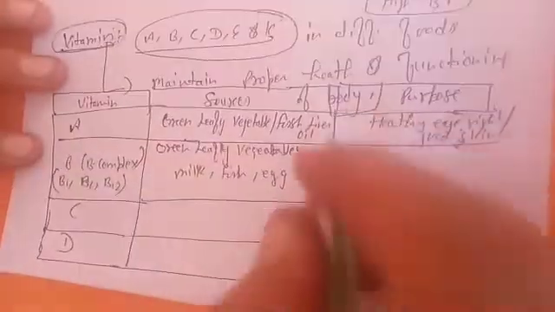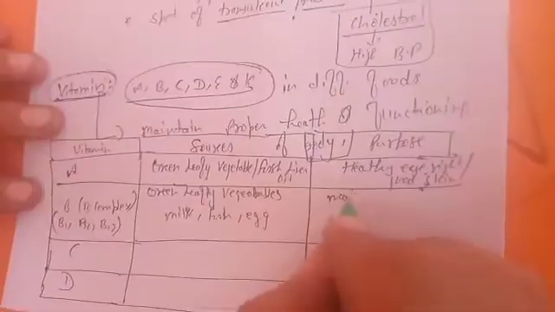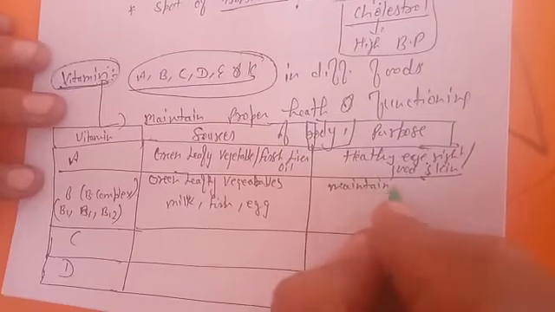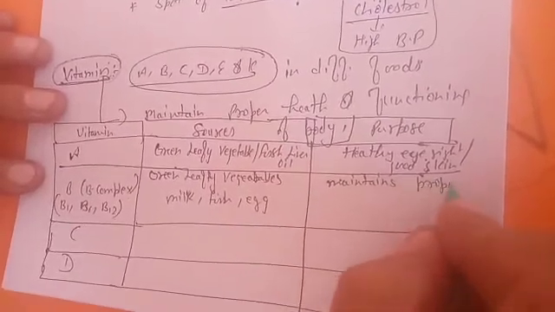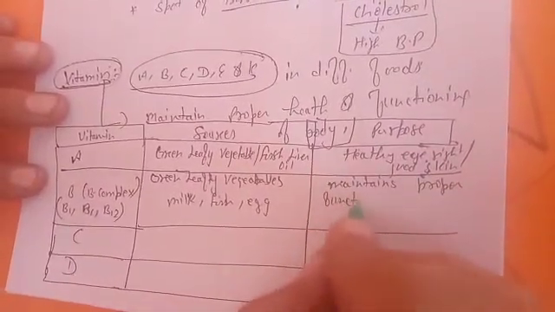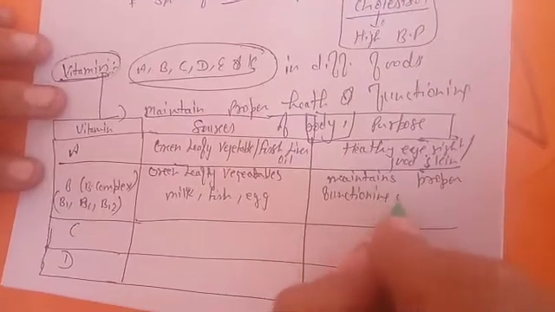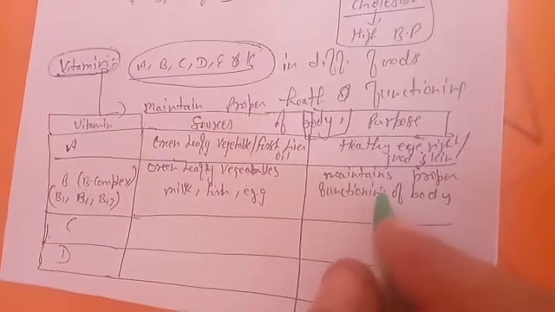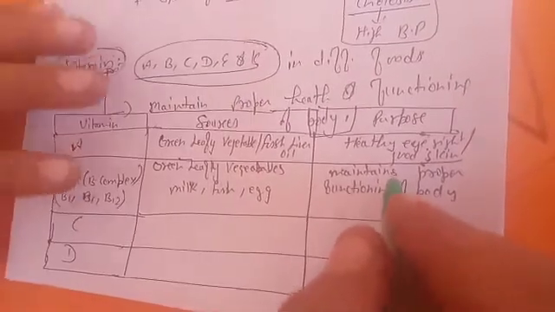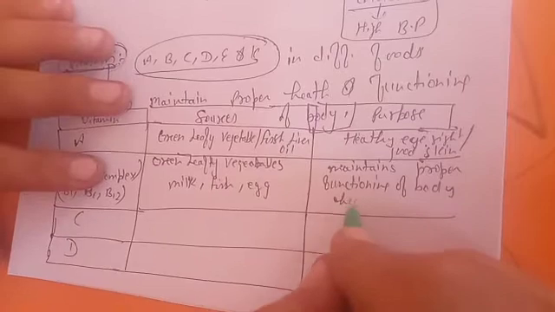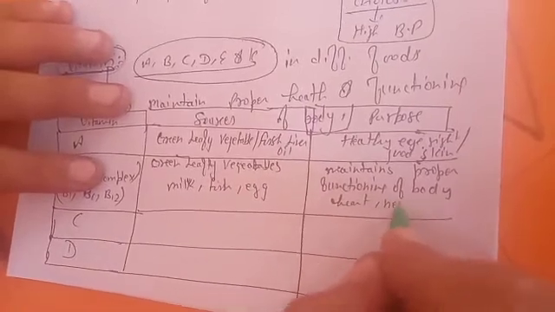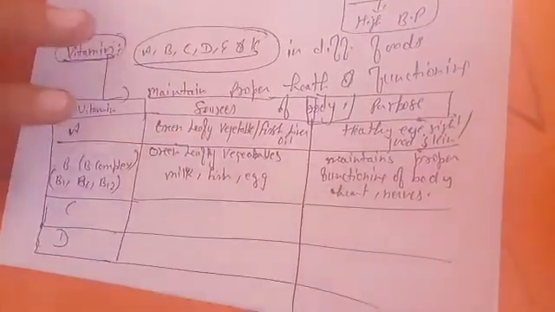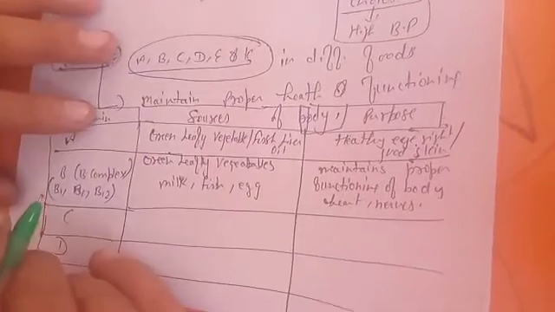It maintains proper functioning of the body, essential particularly for the heart and nerves. These parts are maintained properly by the B complex.